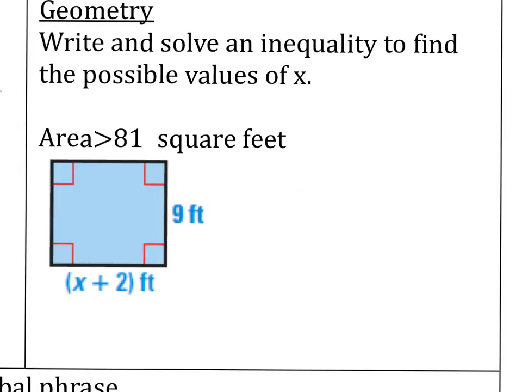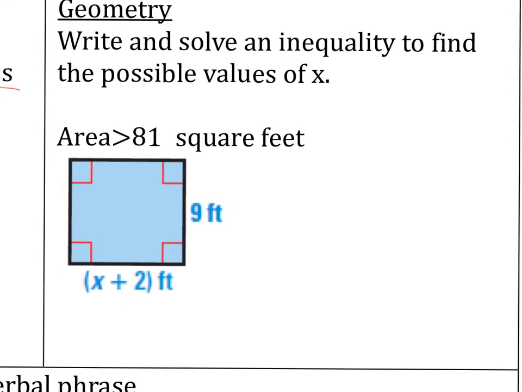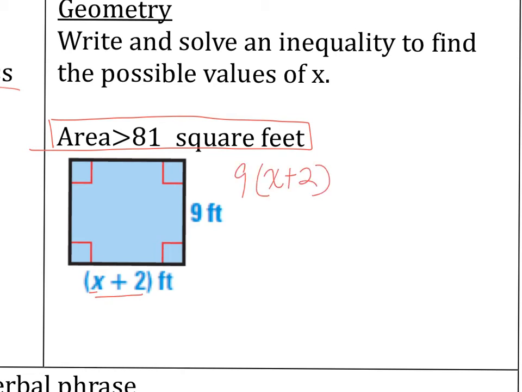Write and solve an inequality to find the possible values of x. So here it tells you that the area is greater than 81 square feet. I'm going to take x plus 2 and multiply that by itself, because the area of a square is just simply s squared.